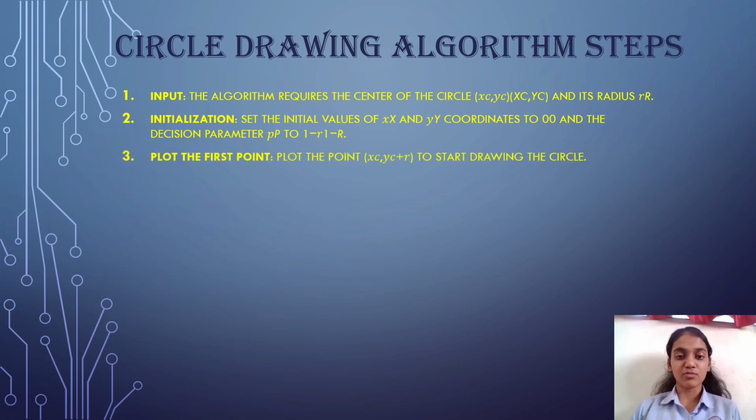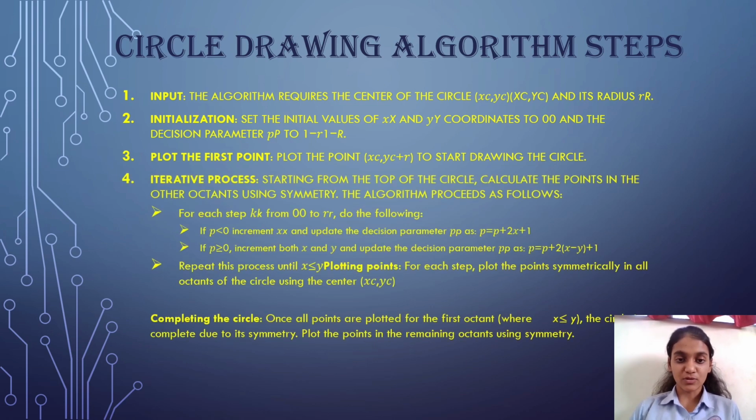Plot the first point. Plot xc, yc plus r to start drawing the circle. Iteration process. Starting from the top of the circle, calculate the points in the other octants using symmetry. The algorithm proceeds as follows. For each step k from 0 to r, do the following.